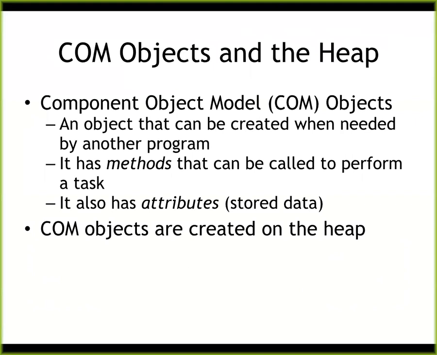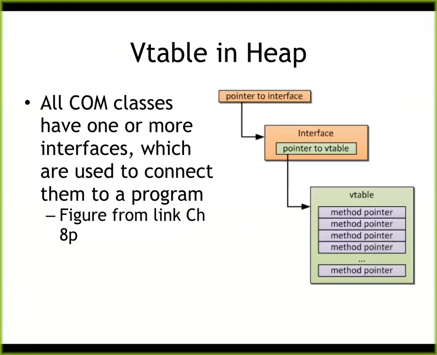All right, and then there's COM objects. We've talked about these before. COM objects are objects that are created upon request from another program, and this is, of course, very dangerous. This is one form of remote procedure call. These objects are created on the heap, and they're created with an interface which connects them to another program, and that goes to a thing called a vtable that points to a bunch of methods.